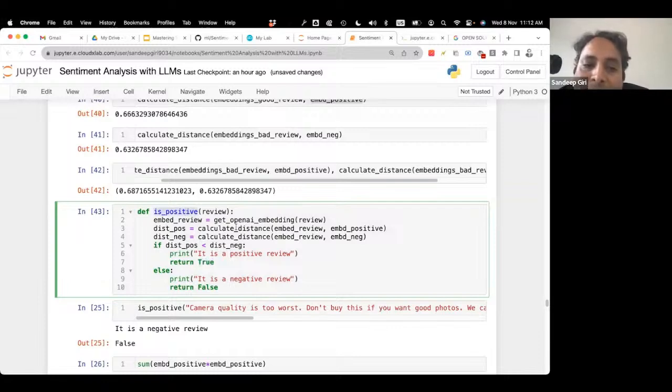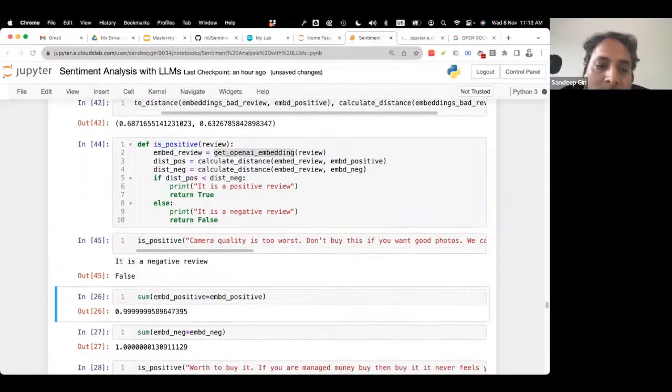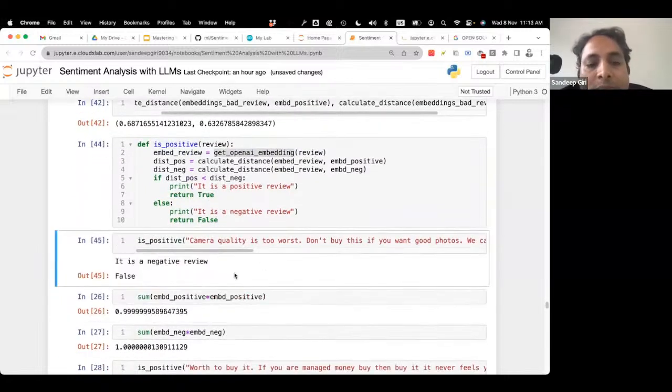Okay. Now here is the review. Camera quality is too worst. Don't buy this if you want good photos.